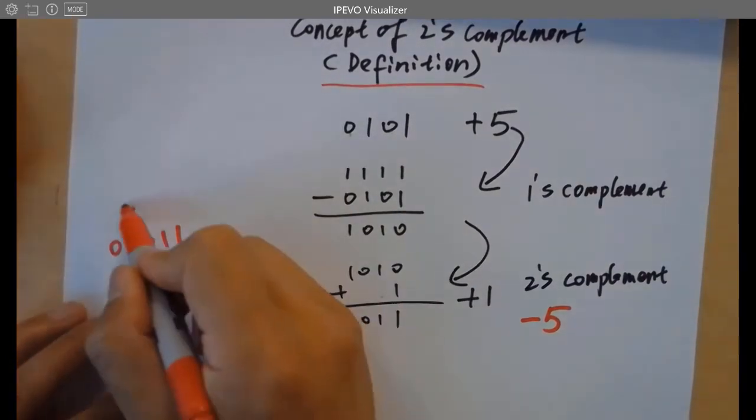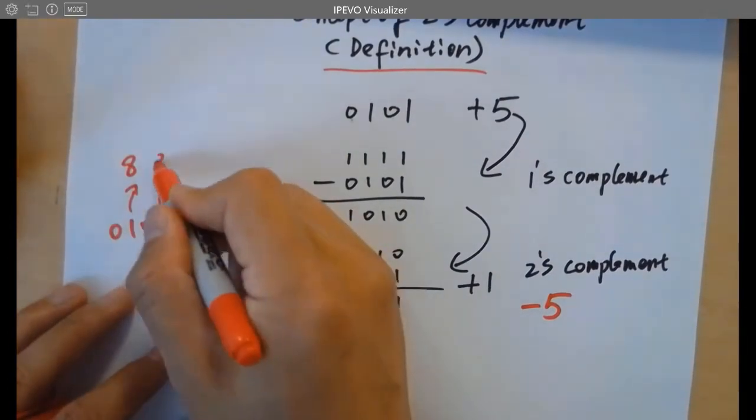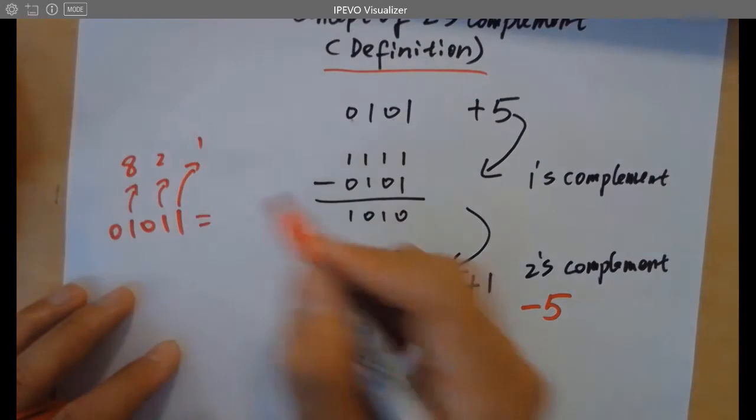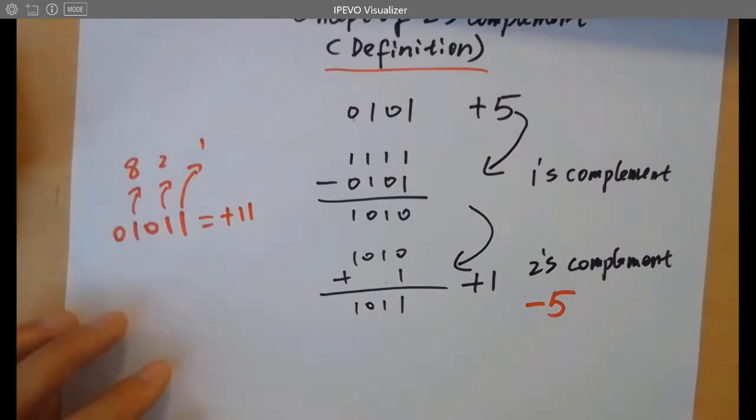So what is that number? 8, 2, 1. Positive 11. So what's minus 11 in 2's complement?